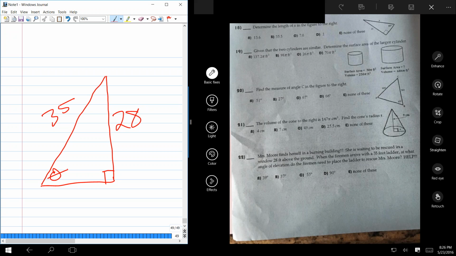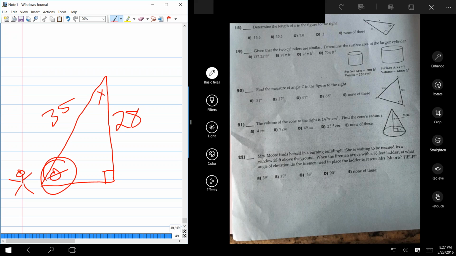What angle of elevation do the firemen need to place their ladder? And it's not immediately clear whether they're talking theta or x. So you kind of have to think, if I'm a fireman down here and I want to place my ladder at an angle, it's this angle that I care about.